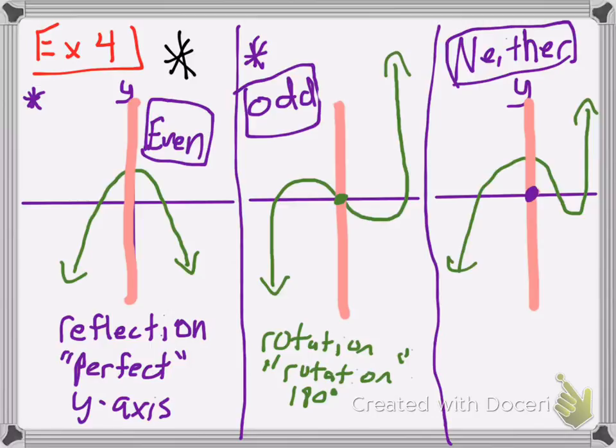The neither ones are kind of easy to figure out because when you look right down the y-axis you see that it's not a perfect reflection, and it doesn't look like any kind of rotation about the origin. It's not even intersecting through the origin. It's a neither function.